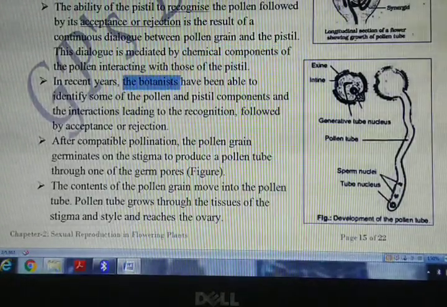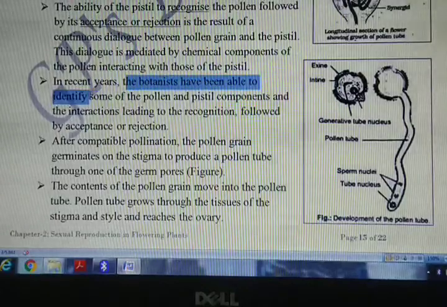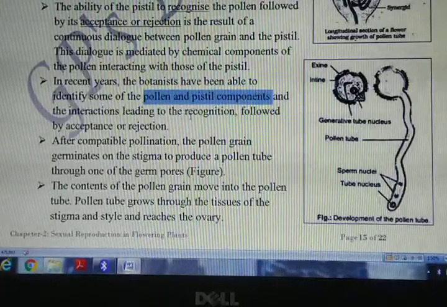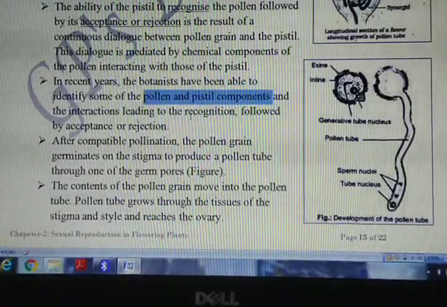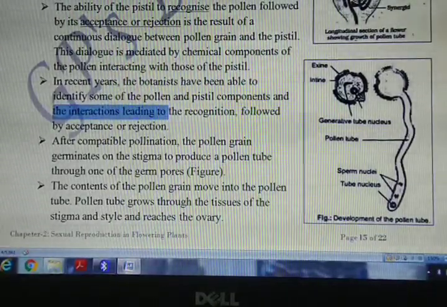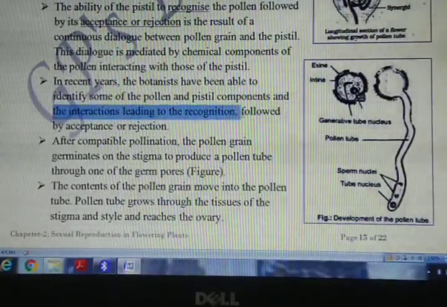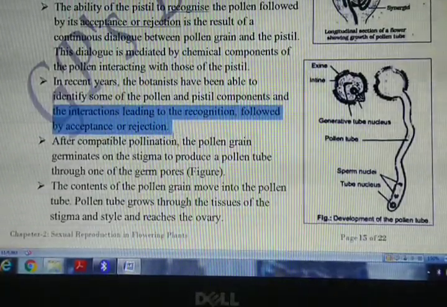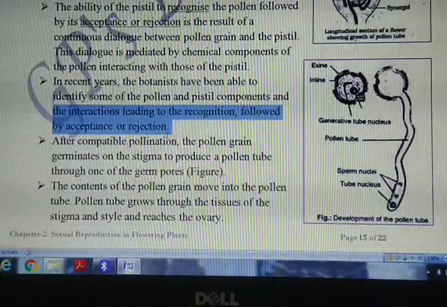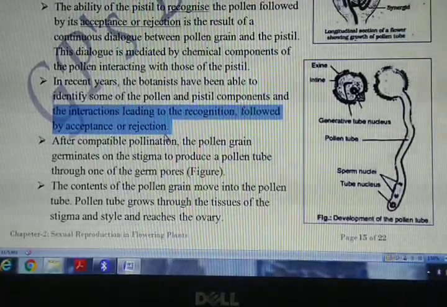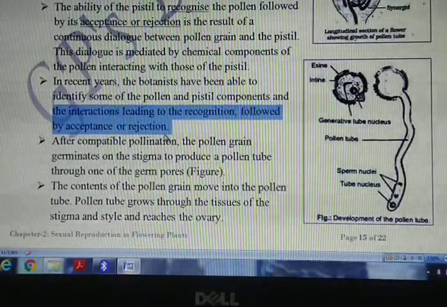Now the botanists have been able to identify in recent years some of the pollen and pistil components, and they have now understood the interaction between both that leads to recognition and then later either acceptance or rejection. मतलब पहले पहचान किया पिस्टिल ने, उसके बाद उसको या तो एक्सेप्ट किया या रिजेक्ट कर दिया. एक्सेप्ट किया तो फर्टिलाइजेशन होगा, रिजेक्ट किया तो फर्टिलाइजेशन इज गोइंग टू नॉट टेक प्लेस.